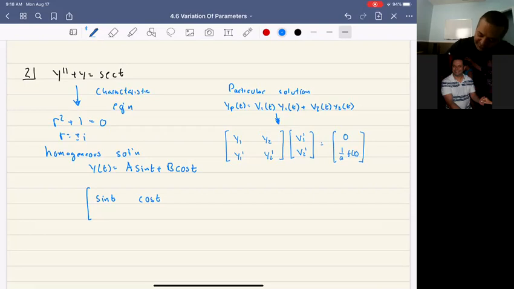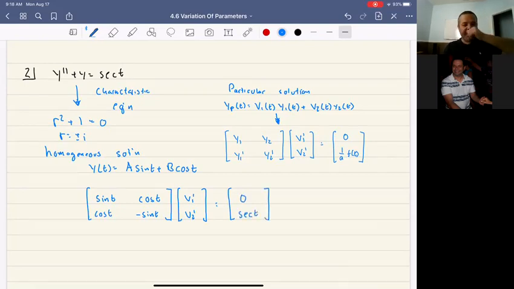Derivative of sine is cosine t, negative sine of t, times v1 prime, v2 prime equals, a is 1 here, so 0, secant of t. So that's the system that we have. Now let's solve for v1 prime and v2 prime using Cramer's rule.